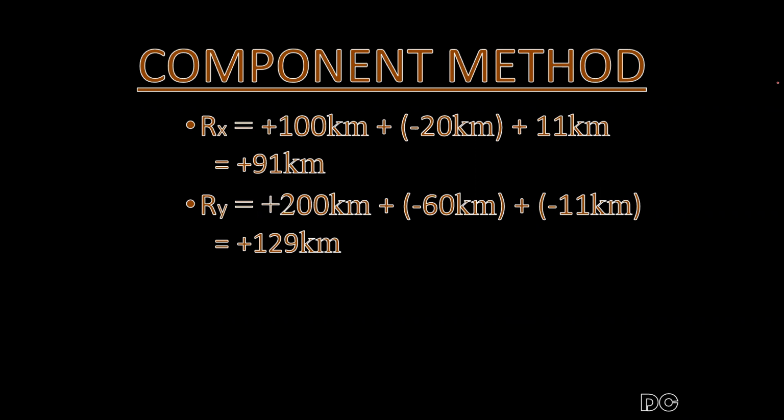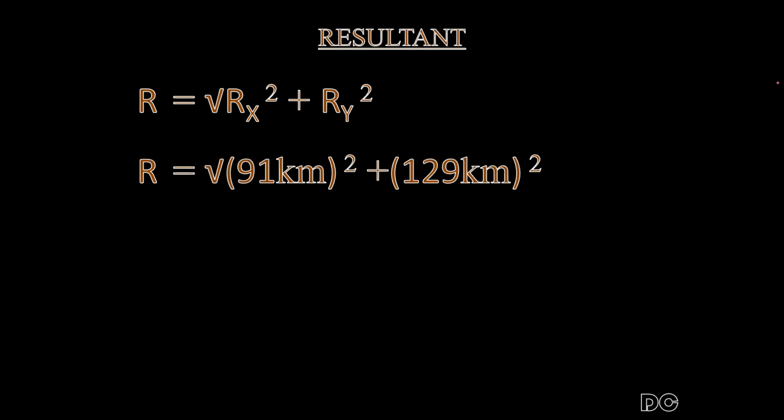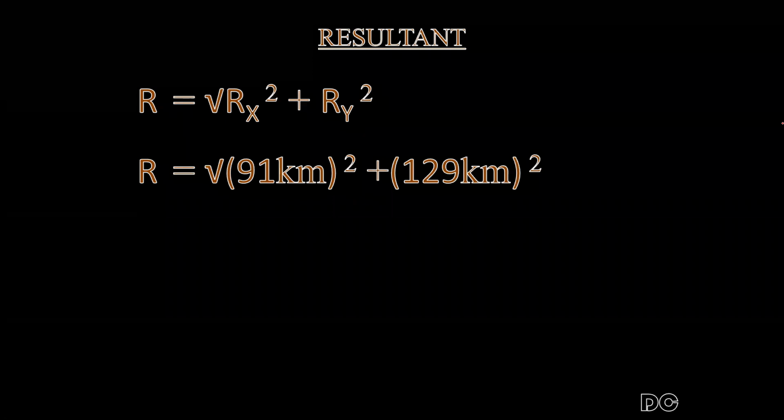Okay. Next, after we add the x and y components, next is to solve for the resultant using the Pythagorean theorem. So using the Pythagorean theorem, square root of r sub x squared plus r sub y squared.